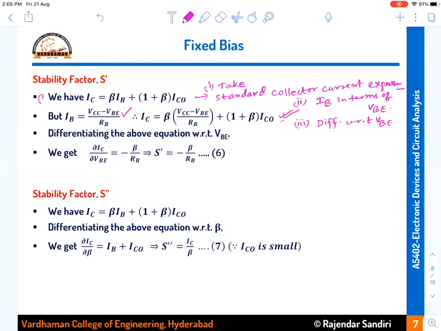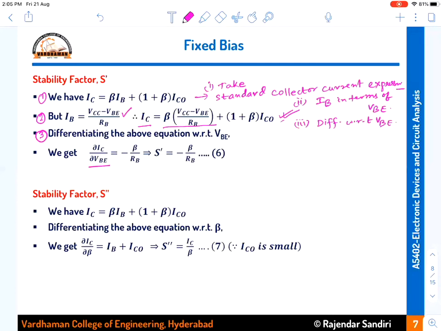This is the first step, the standard expression I have taken. Second step, IB is replaced in terms of VBE. Third step, I am differentiating with respect to VBE. Differentiating that equation with respect to VBE, the left-hand side is dou IC by dou VBE, and the right side has the first term, beta into VCC minus VBE by RB.